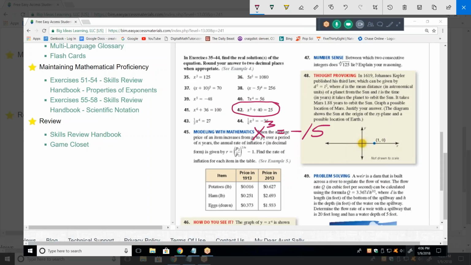And next line. Negative 15. Negative 2.466, which is negative 2.47.